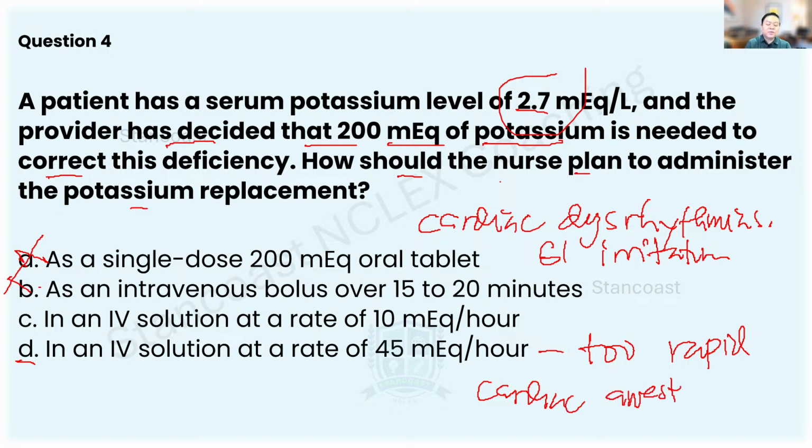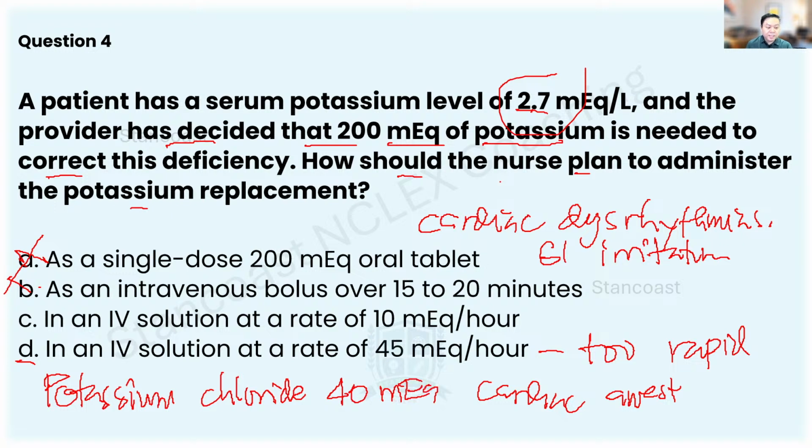And if you are the nurse, especially in the med-surg setting, if you have an order to give potassium IV, the recommendation to administer the potassium, for example, for the first dose, maybe potassium chloride, let's assume the first order is 40 milliequivalents. And in most cases, this is going to be diluted, right?